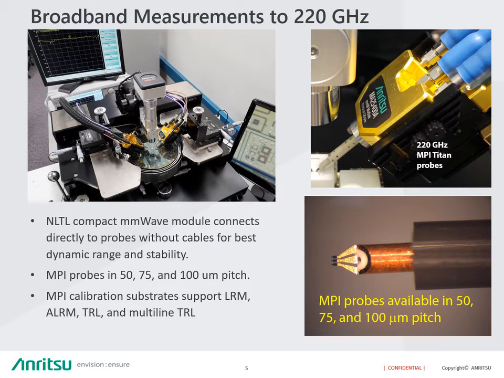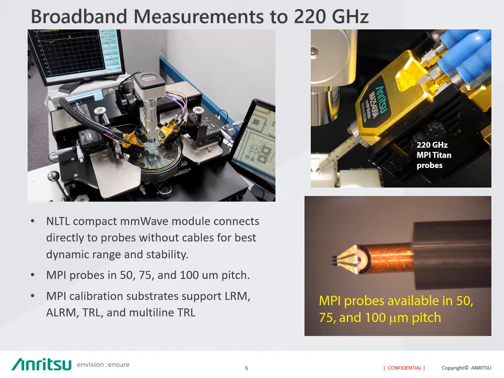The compact nonlinear transmission line modules provide the opportunity to install on probe stations that might have smaller platens, so there's a wide range of installation options when installing the 220 gigahertz system. In addition, the compact module provides direct connection to the probes, thereby eliminating the need for cables and optimizing dynamic range and measurement stability.